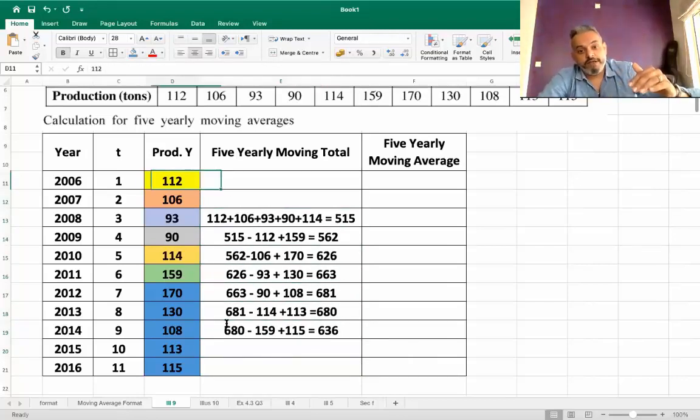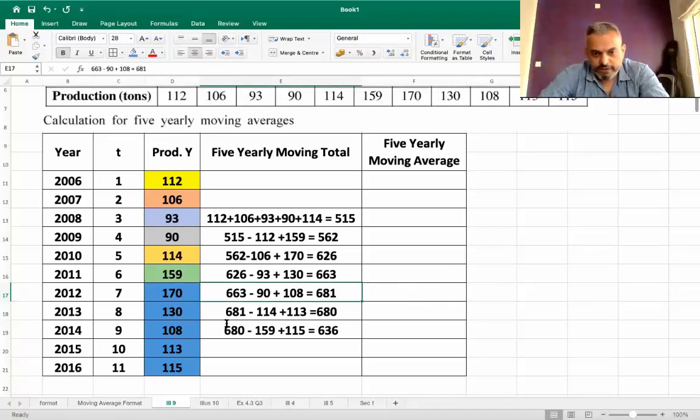You can see it is moving. First we started with 112, then 106, then 93, then 90, then 114, then 159, and then 170. So 170 is the last, and then we don't have more values to do the total of. So we get all these values.